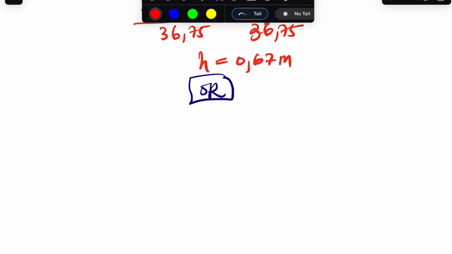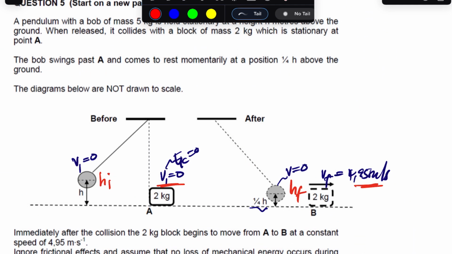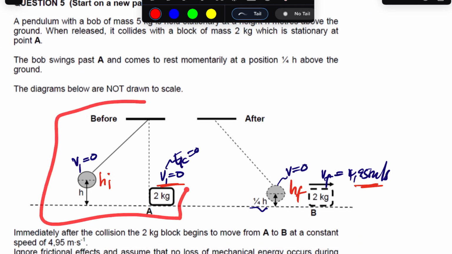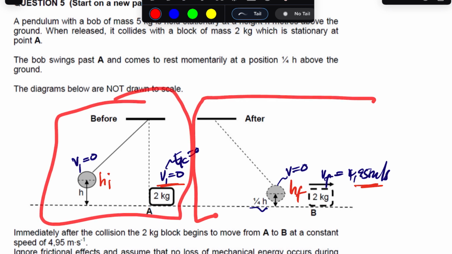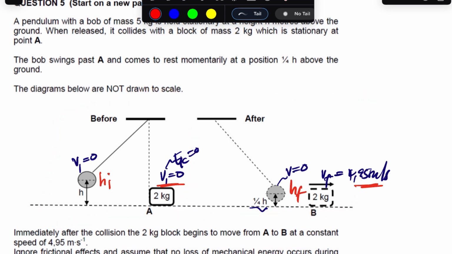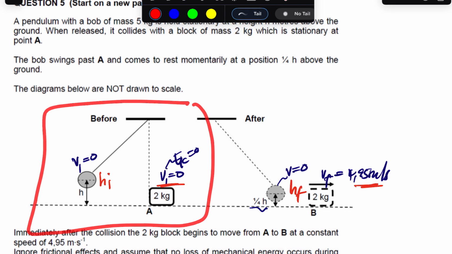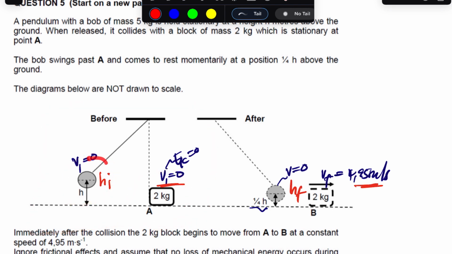I will say the mechanical energy before is equal to the mechanical energy after. But you need to remember, before there are two objects, a bulb and the block. Each has its own mechanical energy. The mechanical energy before is equal to the mechanical energy after, which is the mechanical energy of this plus the mechanical energy of that.